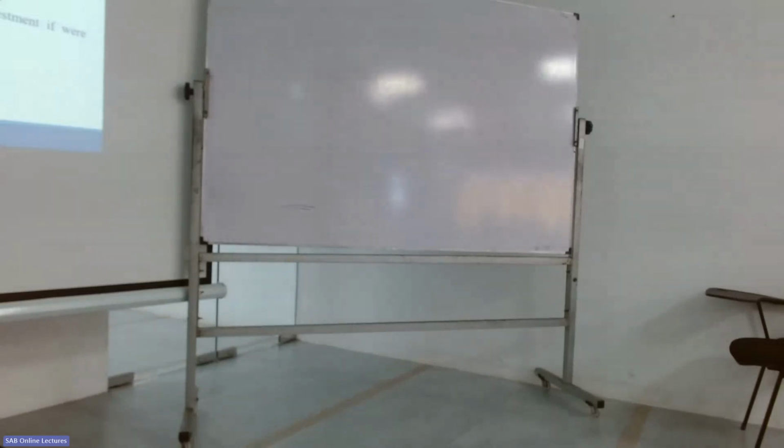So you can compare this accounting rate of return with the cost of capital. If ARR is greater than the project cost of capital or the average cost of capital of the company, you can accept the project. If the calculated ARR is less than the cost of capital, you may reject it. So this minimum rate is sometimes proxied with the cost of capital, or the project required rate of return.